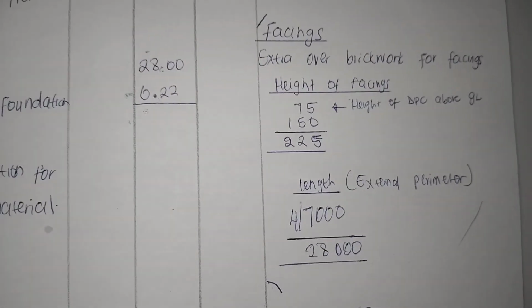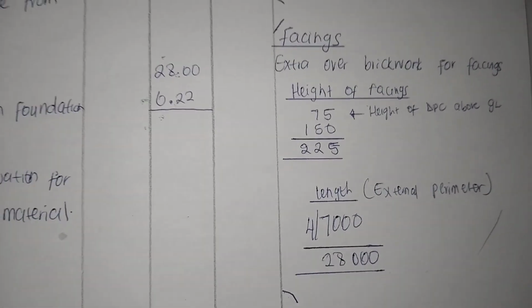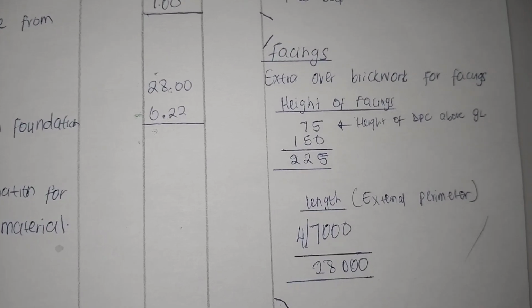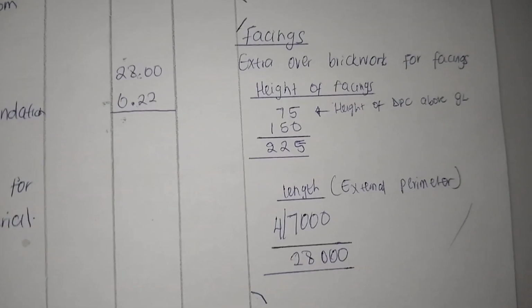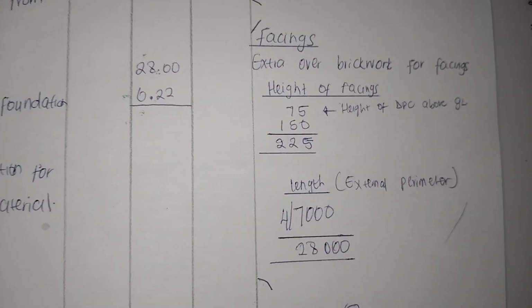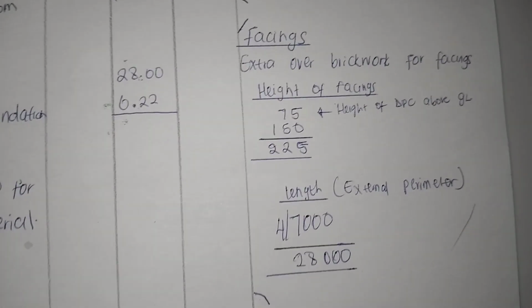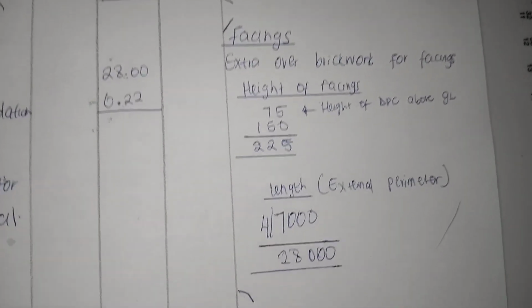And then you also do the calculation for the length of the external perimeter. So I did 7,000 multiplied by 4 because you could have said 7,000 multiplied by 2, which is 14,000, and then you also do 7,000 multiplied by 2, which is 14,000. But yes, if you had a different length, you have to do it like that. 2 by 7,000, 2 by 4,000, you add, you get your number, right?